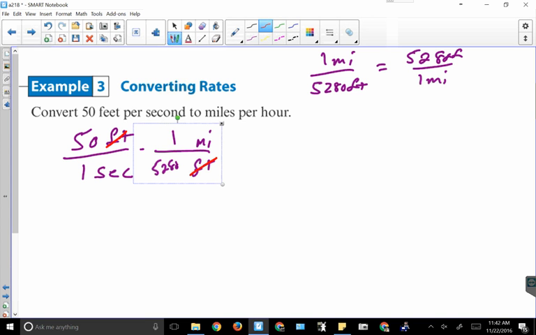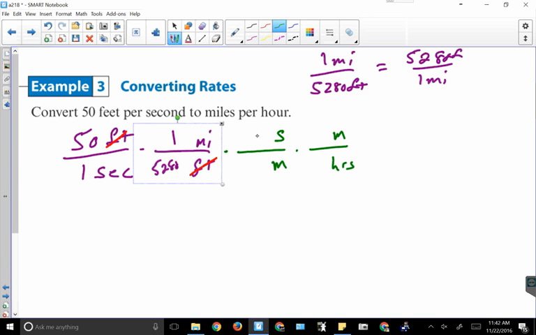Now, I really need this in miles per what? Hour. So I got to get hours down on the bottom. So now, let's see. We change seconds into minutes, correct? We change minutes into hours.